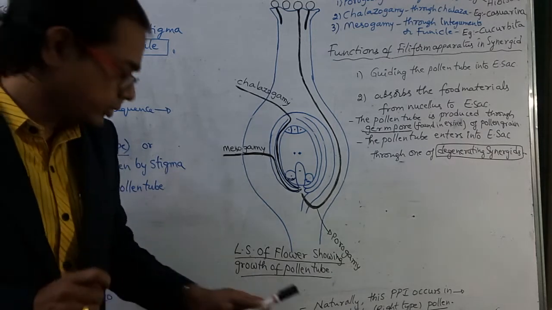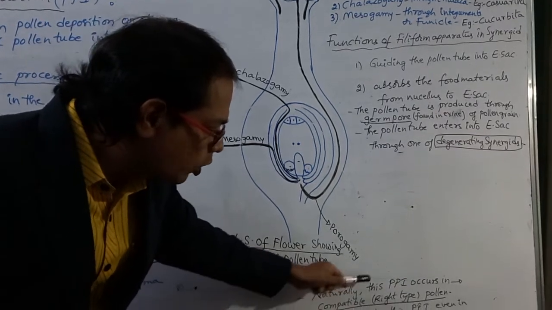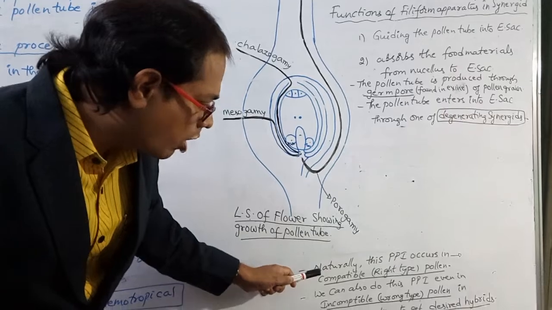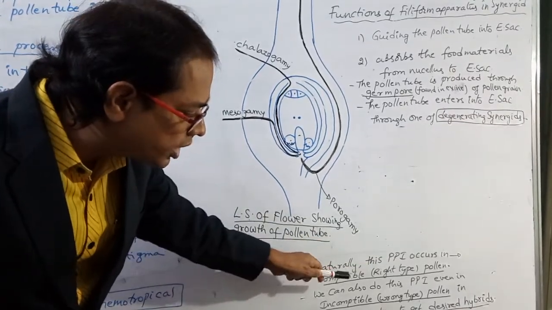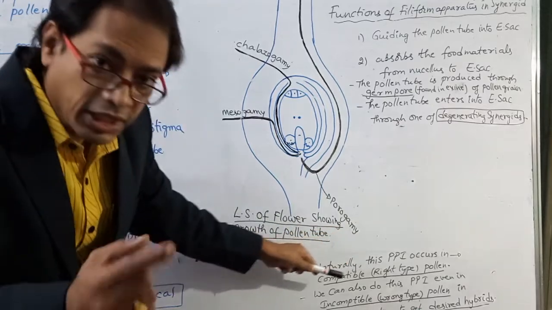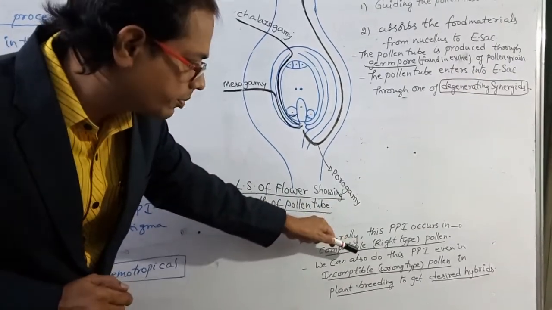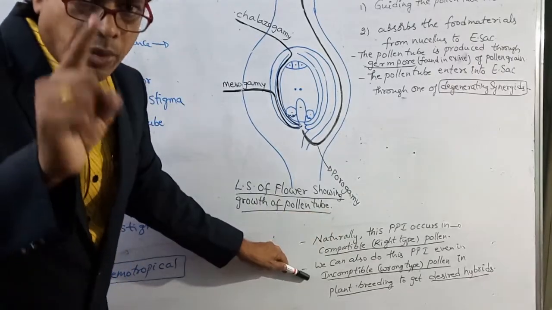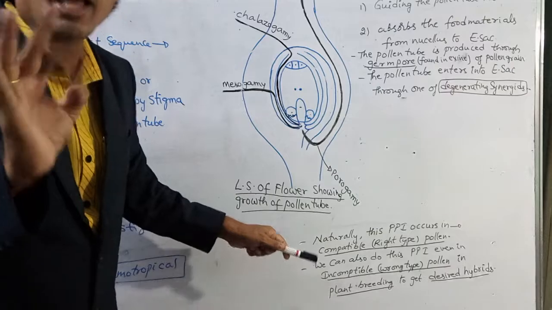Naturally, this pollen pistil interaction occurs in compatible pollen, that is right type pollen. We can also do this pollen pistil interaction even in incompatible pollen, that is wrong type, in plant breeding by the plant breeders to get desired hybrids.